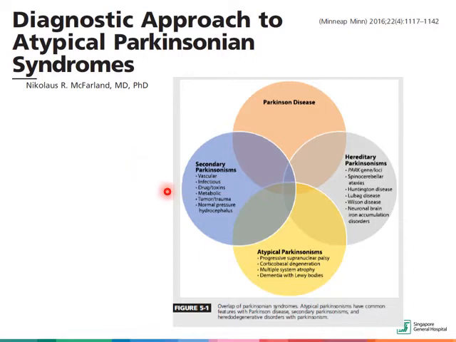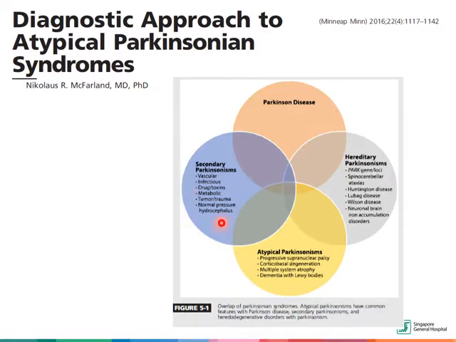For example, in people with vascular PD, signs of Parkinsonism may appear after a stroke. And then there's also the drug induced Parkinsonism, where the Parkinsonism symptoms may disappear after the medication is stopped.